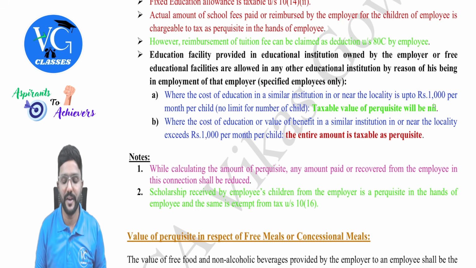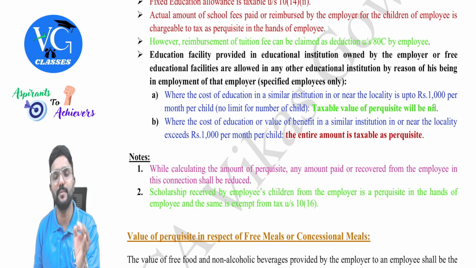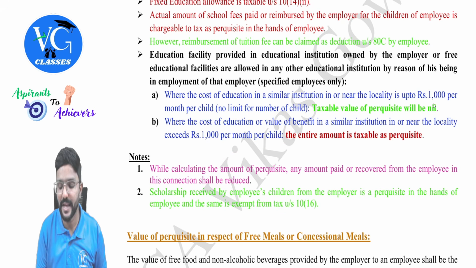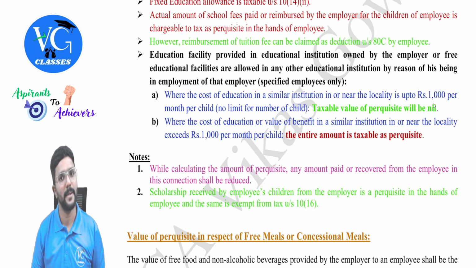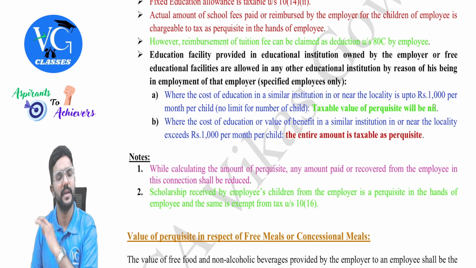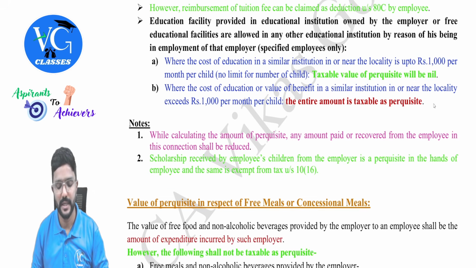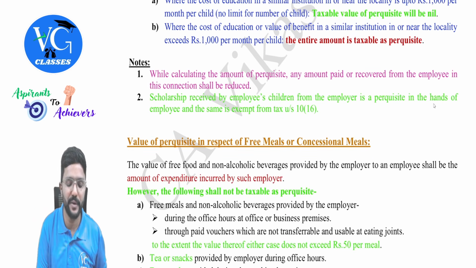Sir, what if the cost of education in a similar institution in the same locality is more than 1000 rupees per month per child? Then the entire value will be taxable, guys. Entire value. Assume it is 1200 rupees per month per child; the entire 1200 would be taxable. Got it? And if any amount is recovered from the employee, we need to reduce it.